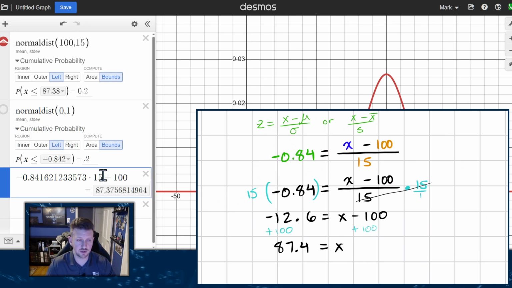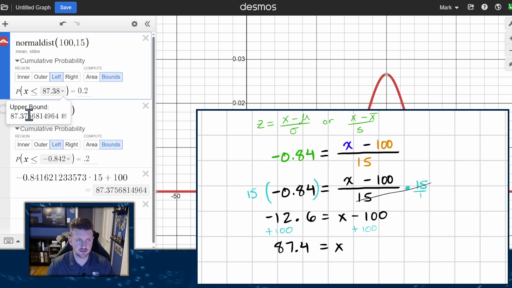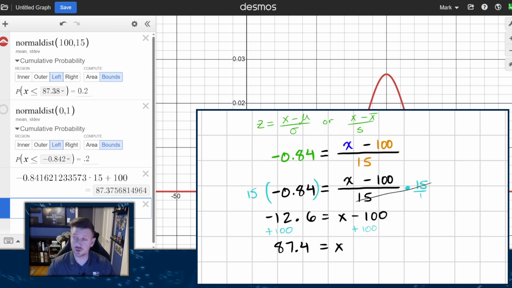And then I can go ahead in one swoop, do that algebra and get the 87.37, which notice is this number right here. So what Desmos is doing in the background, I'm presuming, is basically doing this, and it's doing these two things together for you because you have the input of the mean and standard deviation.